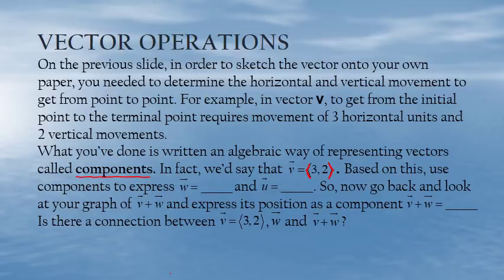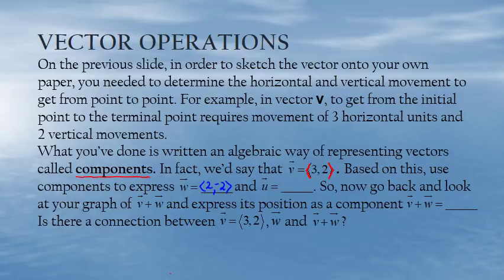Now, again, you should pause the video and make sure that you're able to do this. Let me go ahead and just talk it through, assuming you have paused. To get from the initial point of vector w to the terminal point of vector w, I had to go 2 to the right and 2 down. That would be represented in component form as ⟨2, -2⟩.